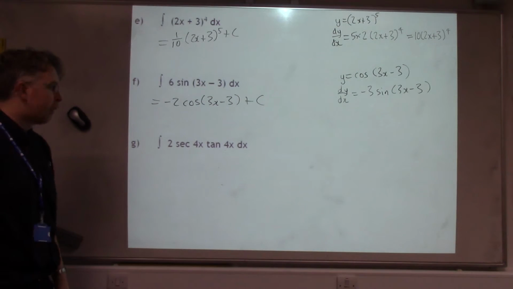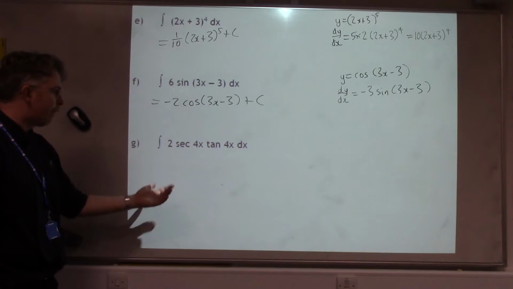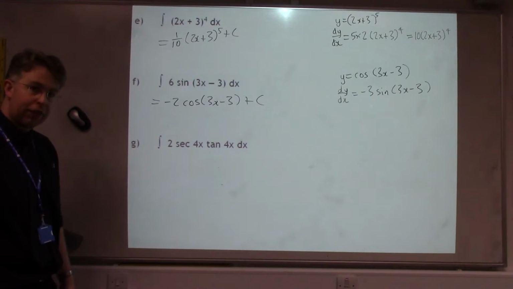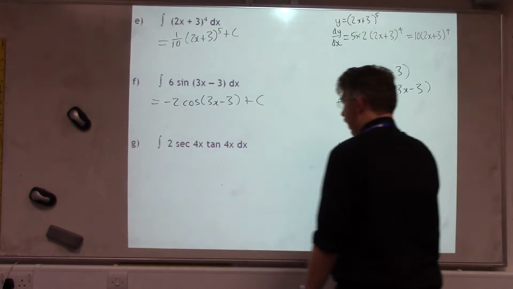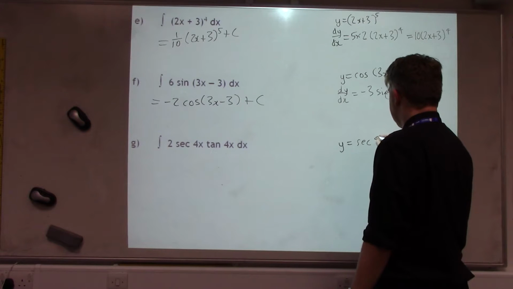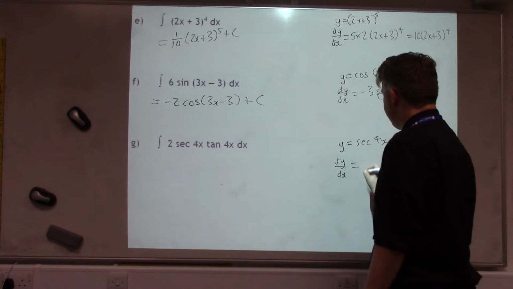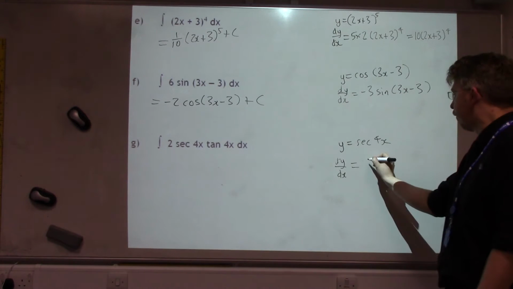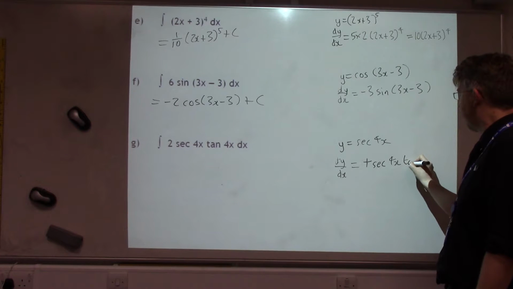Again, the formulae would still work for these. And finally, 2 sec 4x tan 4x from the C3. Now, sec x differentiates to tan x. So our guess would be y equals sec 4x. Differentiating, the 4 would go to the front. So we get 4 sec 4x tan 4x.